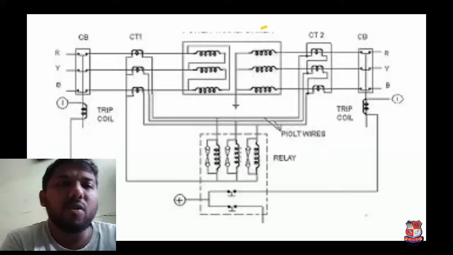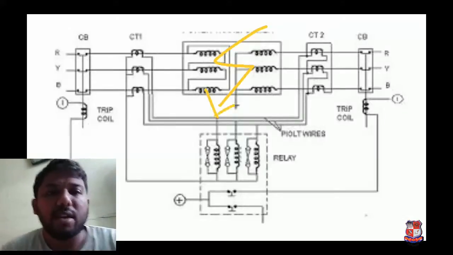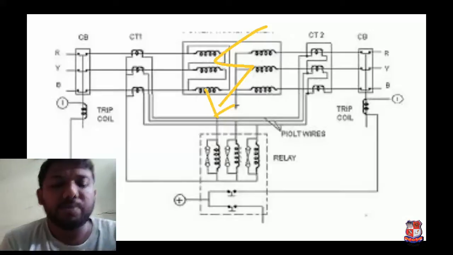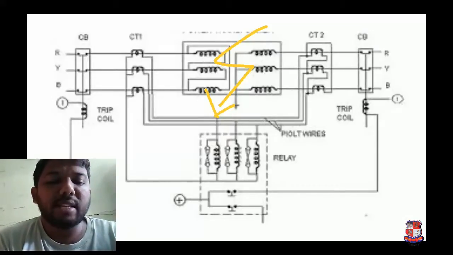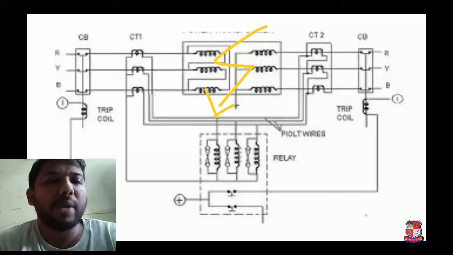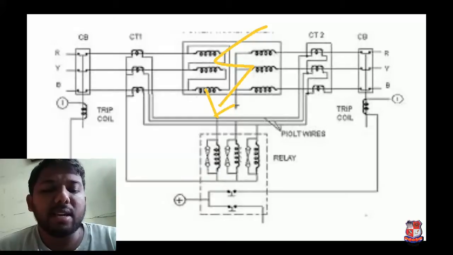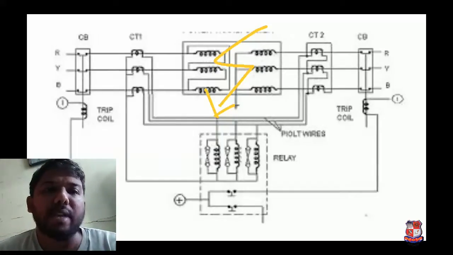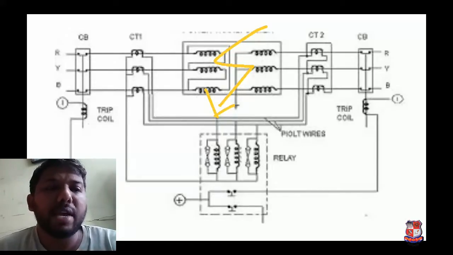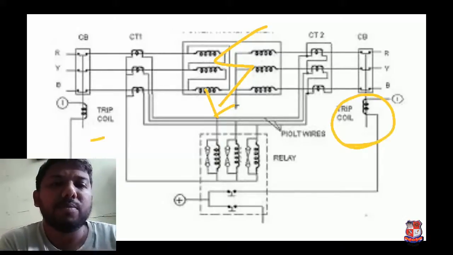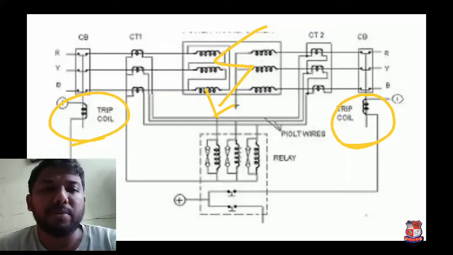When a fault occurs in a power transformer, the balance is disturbed and the operating coils of the differential relay carry current corresponding to the difference of the current between the two sides of the power transformer and operate the relay to trip the main circuit breaker on both sides of the power transformer.